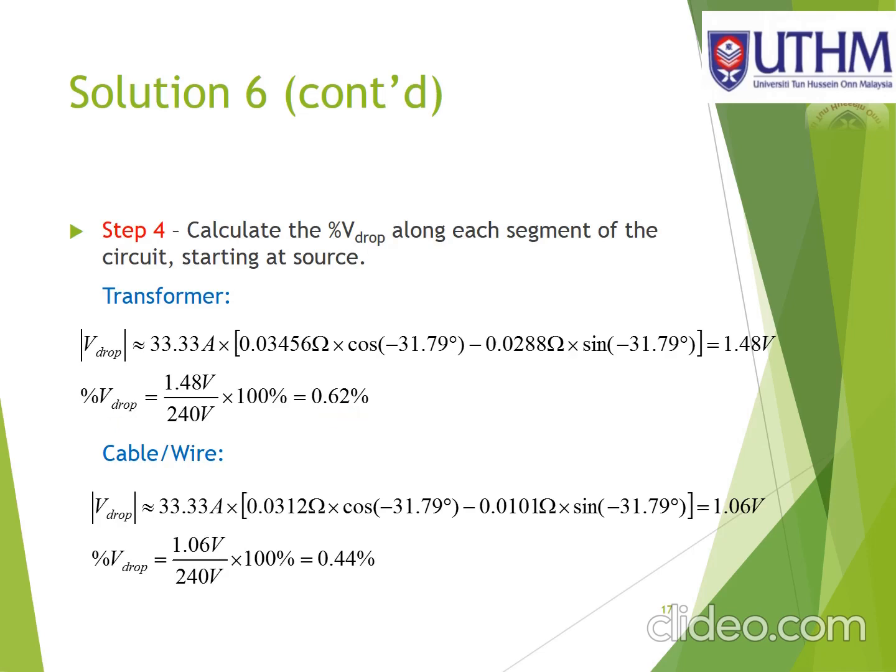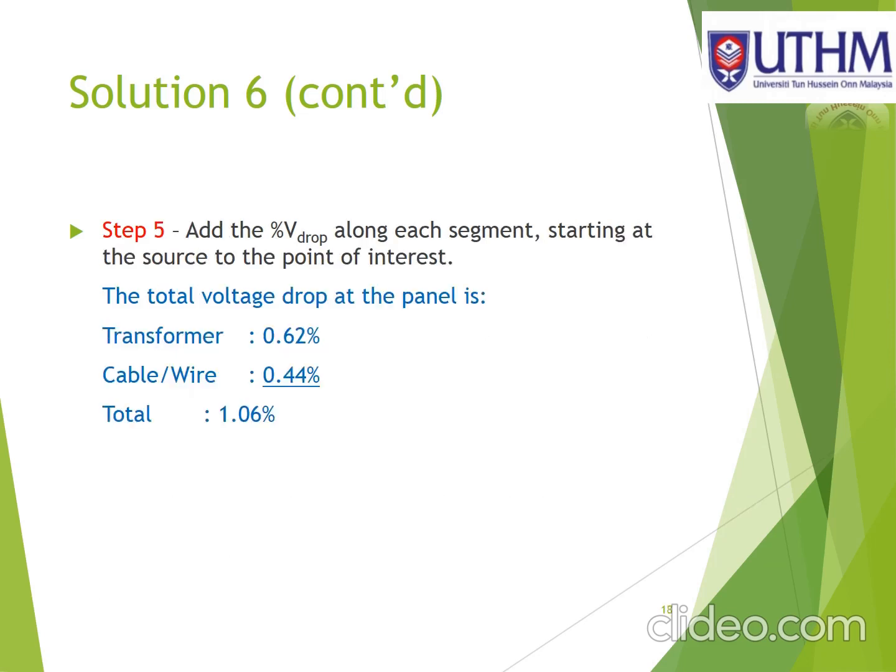And then we calculate for cable or wire by using the voltage drop approximation formula, same as the transformer. We can get the percentage of voltage drop for cable. Okay, final step 5, add the percentage of voltage drop along each segment starting at the source to the point of interest.